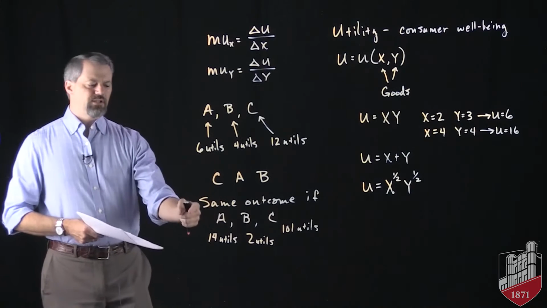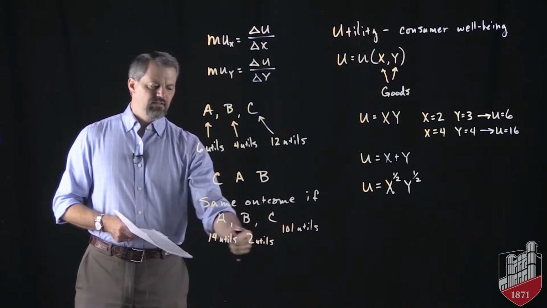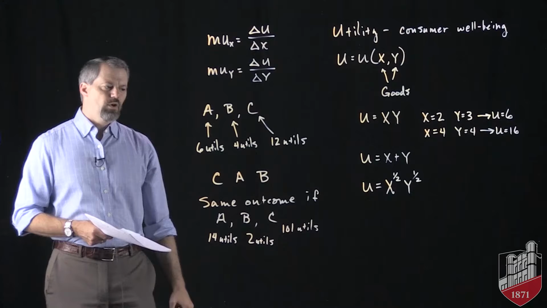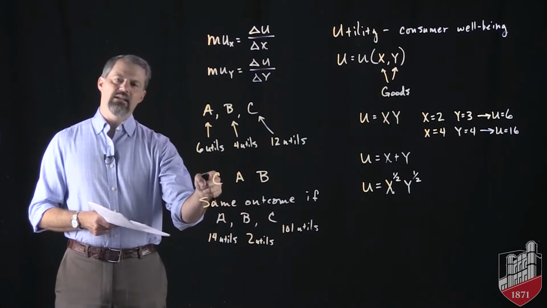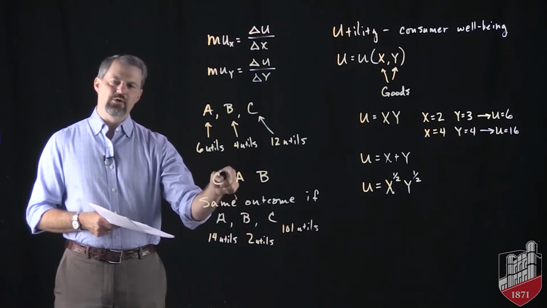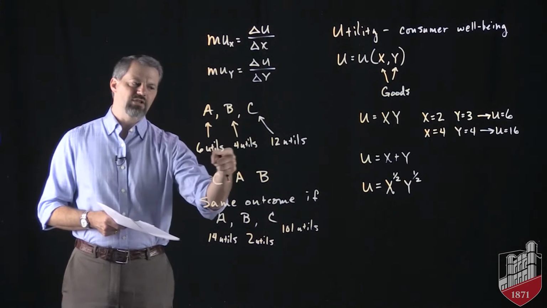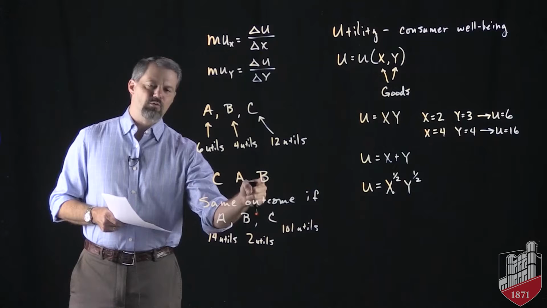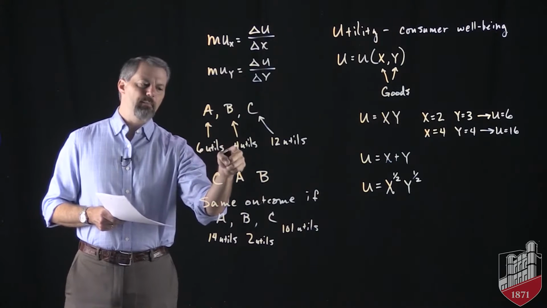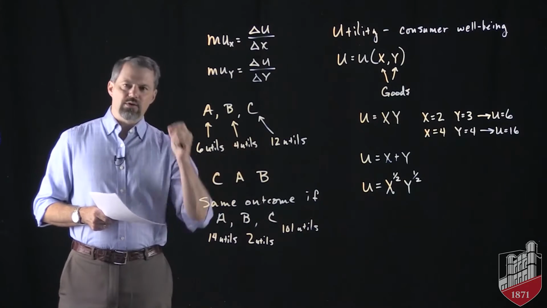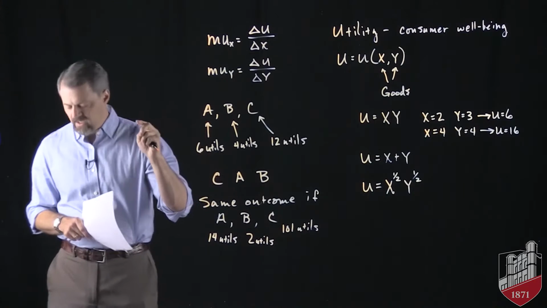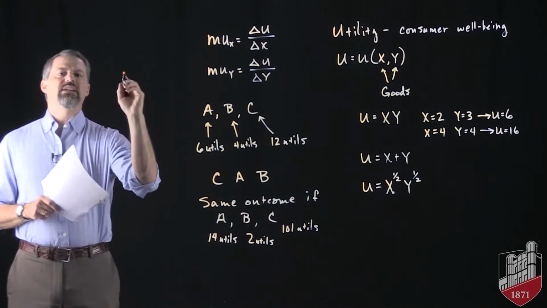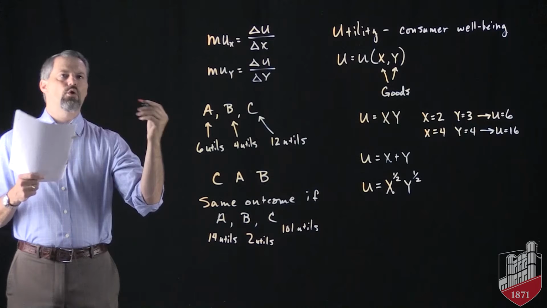The utility function that generates these numbers would give us the exact same ranking of bundles for the consumer as this utility function that gives us these. So the point of this is all we care about is the ranking. We do not care about the magnitude of these numbers. What this means is that a utility function is simply an ordinal. It provides us with an ordinal ranking.